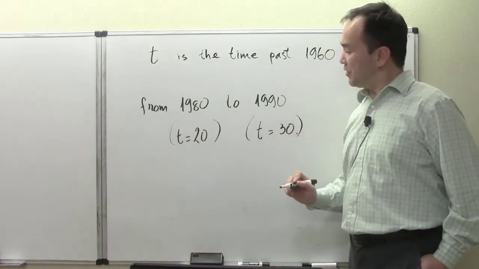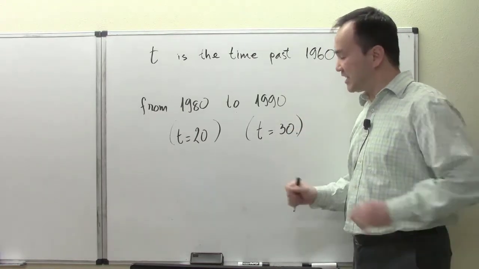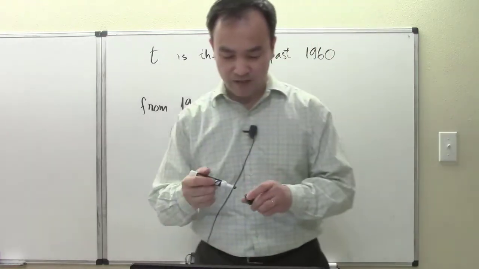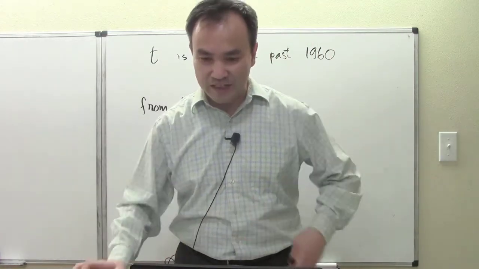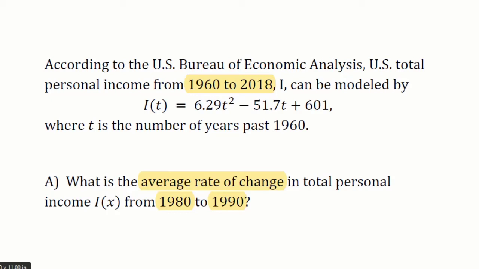Okay, so in that way, precisely speaking, let's one more time have a look at the question itself right here. The question in this way is looking for the average rate of change in, of course, total personal income, but in between the interval that's anywhere from t equals 20 to t equals 30.